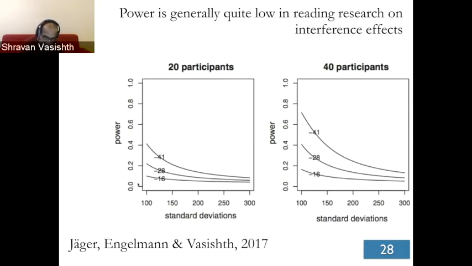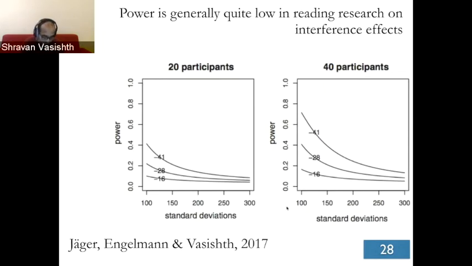And what I'm showing you here are the power curves for 20 participants and 40 participants for a range of standard deviations, right, going from 100 to 300. This is a typical range of standard deviations in reading studies. And what we notice here is that even if we have 40 subjects, the best we can do, if the effect is very large and the standard deviation is very low, is about 60% power.